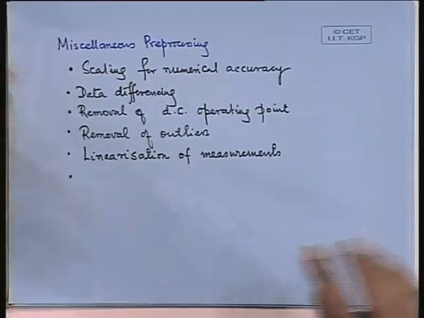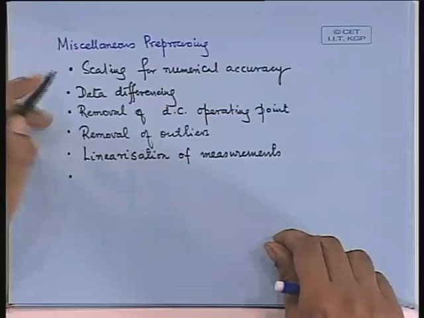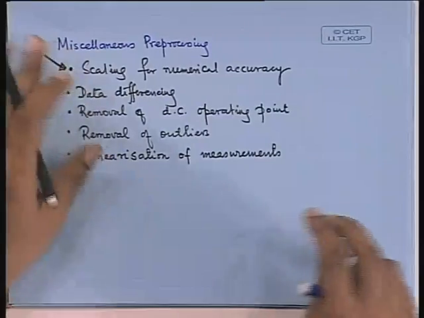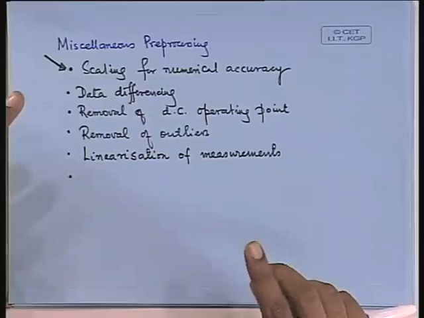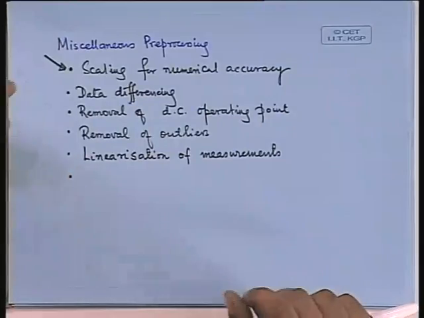Similarly, you do various other kinds of pre-processing. You could do scaling for numerical accuracy, as we have said. This is a different subject, fixed point and floating point computations. Nowadays people sometimes use floating point, but floating point hardware is expensive. We are talking about control problems, so typically many of the microcontrollers will have fixed point arithmetic.